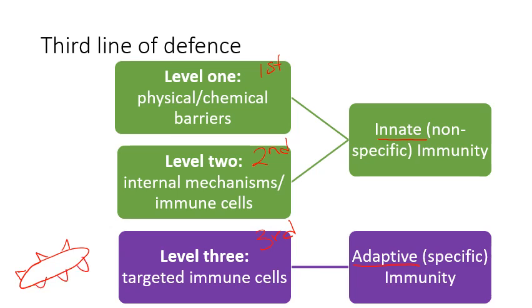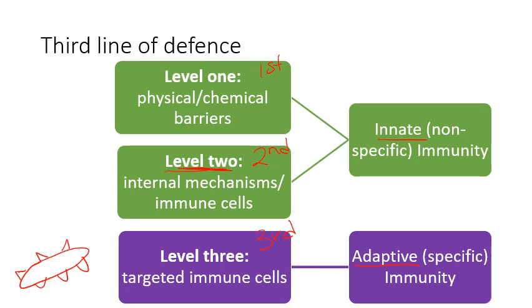Our body will recognize those triangular shaped antigens from the bacteria as non-self. Some things from our second line of defense might try and destroy the bacteria within our body, but maybe that bacteria is replicating too fast and it hasn't been stopped from causing damage.